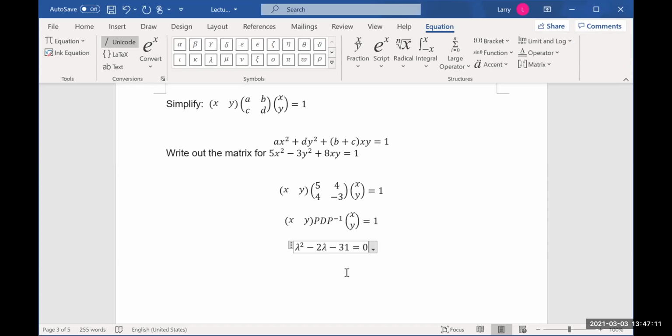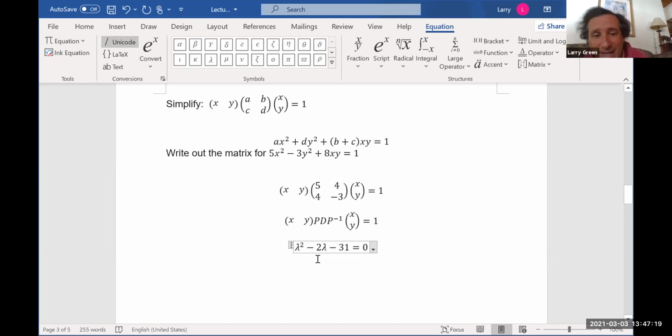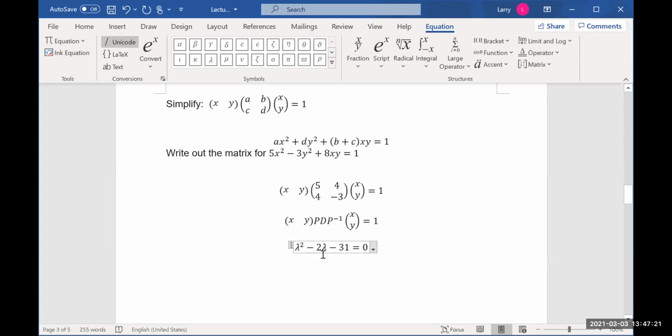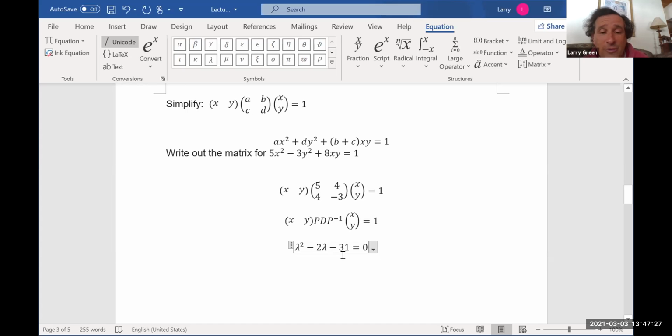If you wanted to think about it as factorable, you're going to have one value that's negative and one value that's positive. Let's take a look at this. It's negative b, which is 2, plus or minus the square root of b squared minus 4ac. B squared is 4. 4ac is large. Do you agree?